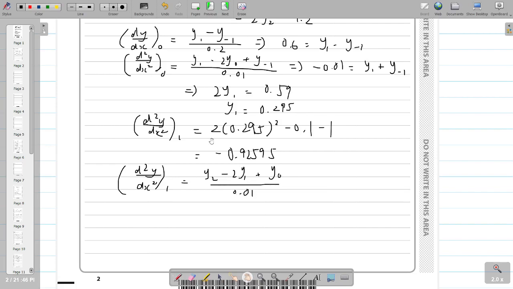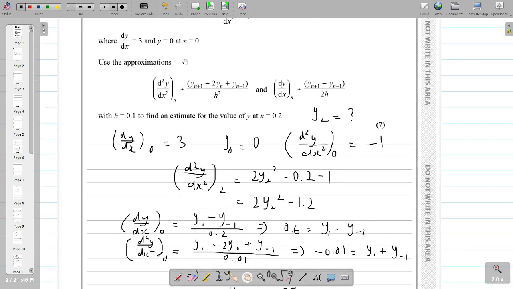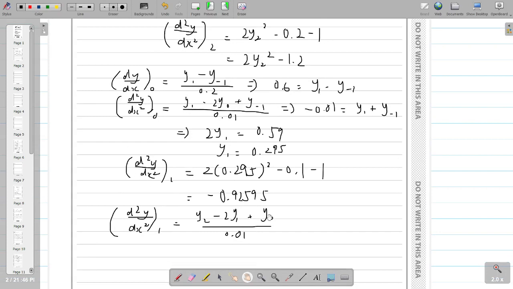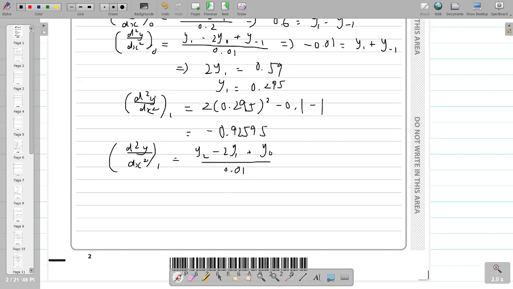Right? This is based on this formula right here. So we also know from the differential equation what this is, so we can replace this with that value.